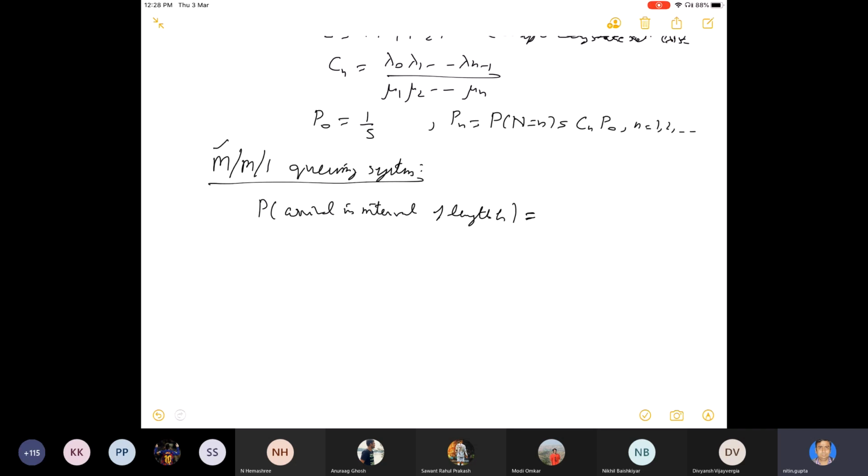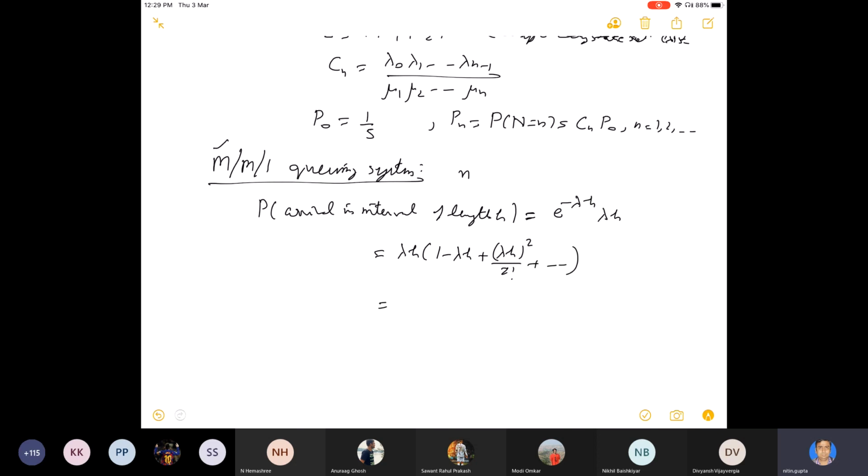That means, if there are n customers in the queuing system, this will be e raised to power minus lambda h, times lambda h divided by 1 factorial, because of one customer arrival, times 1 minus lambda h plus lambda h squared divided by 2 factorial plus so on.